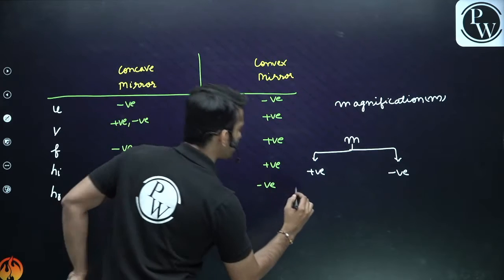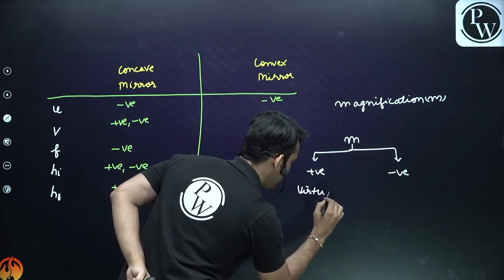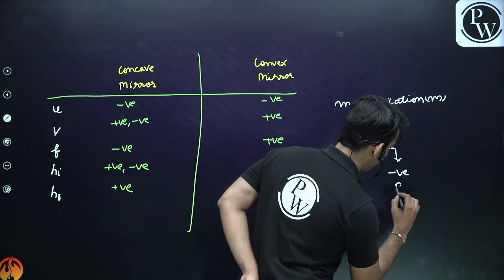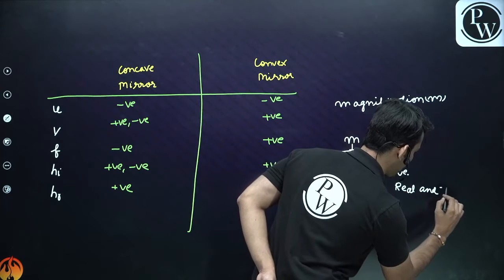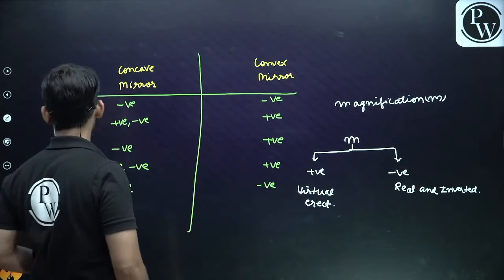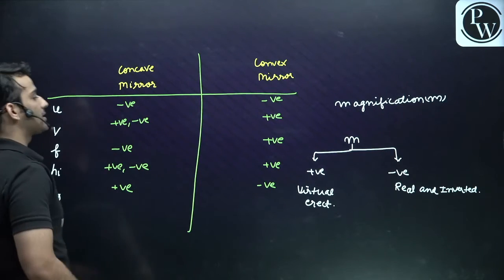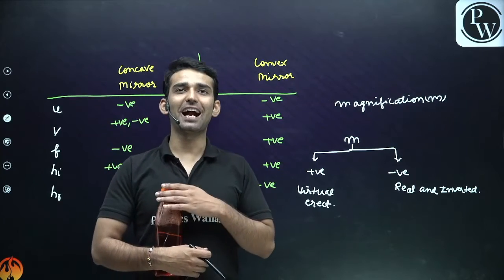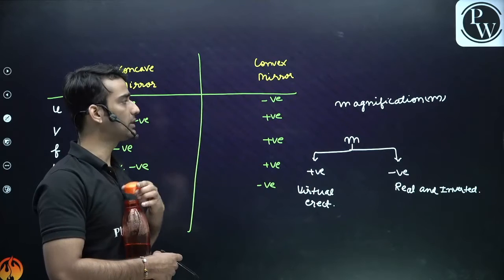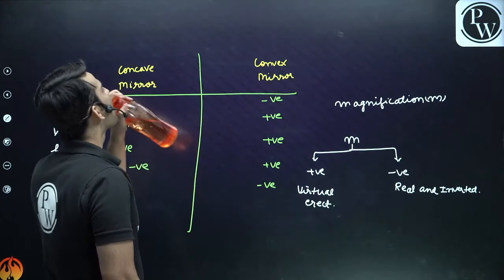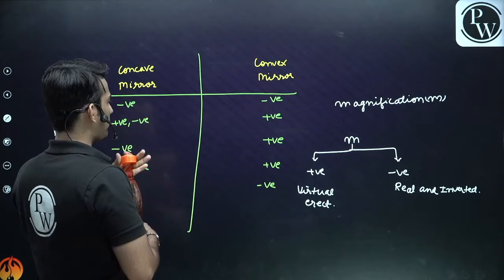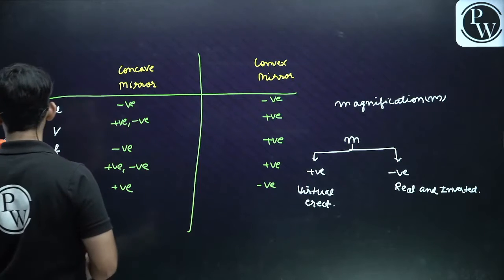But if it is negative, the image will be real and inverted. Clear? So guys, these are the two things that you should be considering about the sign convention. This is a very important slide out of all the slides we have read till now. Clear, guys? Should I move forward now?